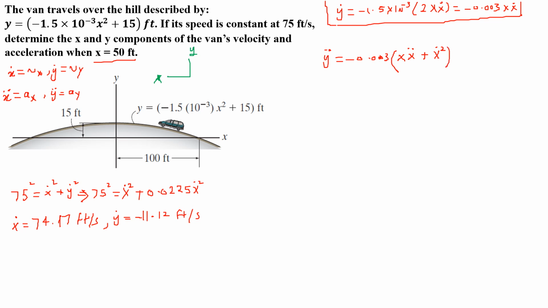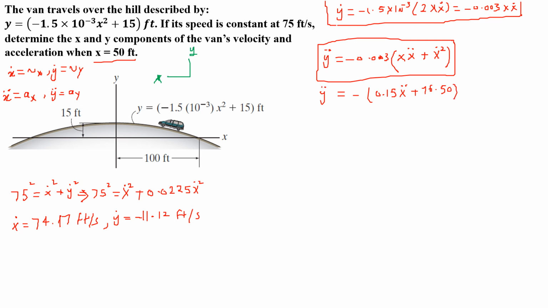So that's now my function for the acceleration. Now I'll replace x by 50 because I am interested in the acceleration at 50 feet. After some simplification, I got y double dot equals negative 0.15 x double dot plus 16.50.